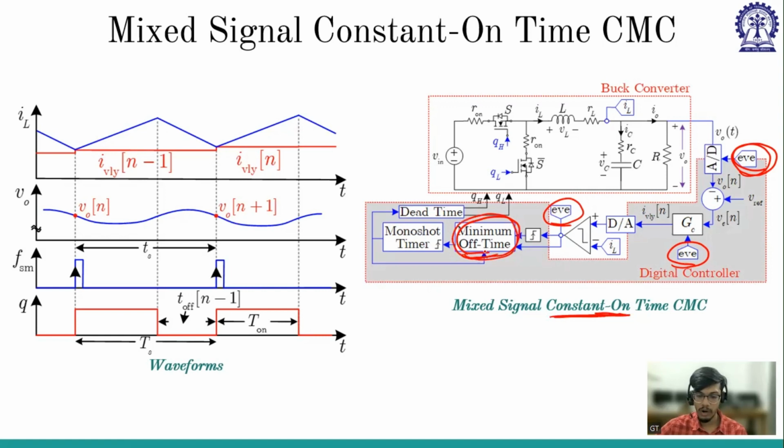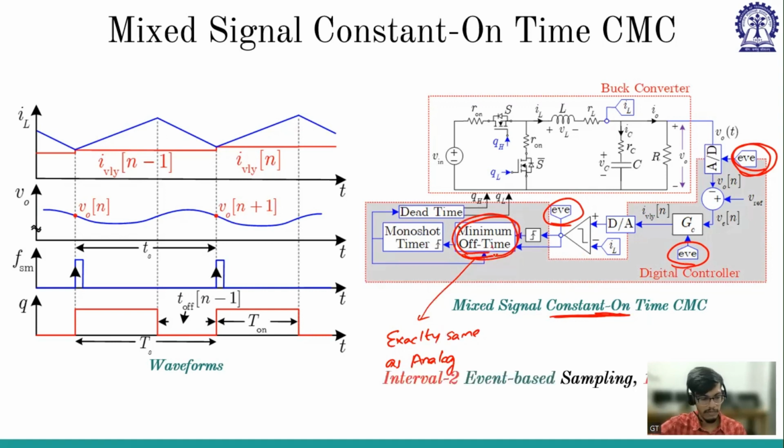Whatever analog logic we have implemented for the minimum off time will be exactly the same. Only we'll be implementing it in digital, but in simulation it will be the same. When we go into Verilog, we'll discuss how it varies from analog to digital. For the time being, it is the same as analog.